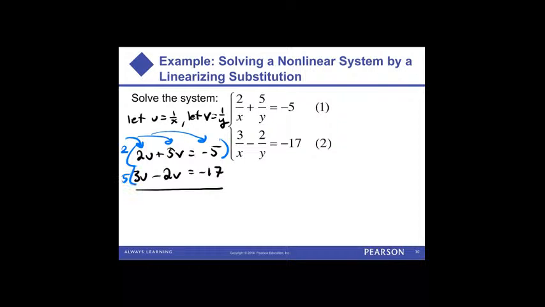Okay, that looks better. So if we account for these changes, on top we get 4u plus 10v equals negative 10. We get 15u minus 10v equals 50 plus 35, which is 85.